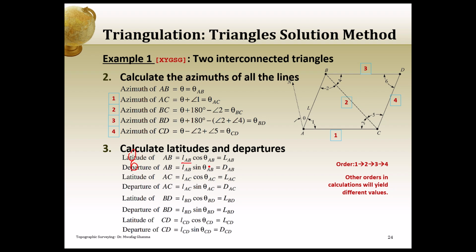So we need LAB and we need the azimuth of the line. So the latitude, delta N between A and B, and the departure, delta E between A and B. This is what we will be doing for all of these lines.